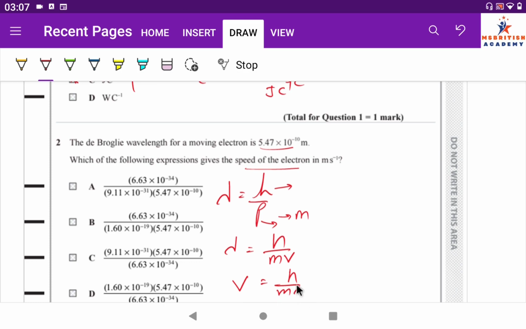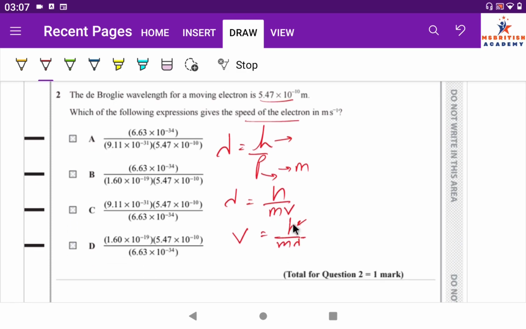Now you can substitute the values of the respective symbols. h is the Planck constant and its value is 6.63 into 10 raised to minus 34 joules per second with units, and the mass of the electron is 9.11 into 10 raised to minus 31 kg. And this is lambda.